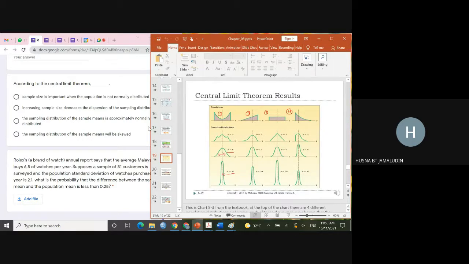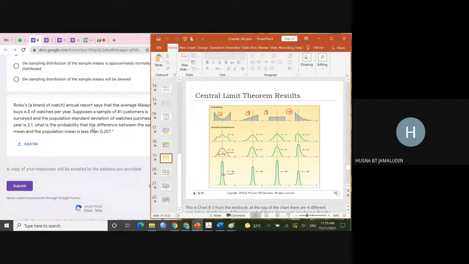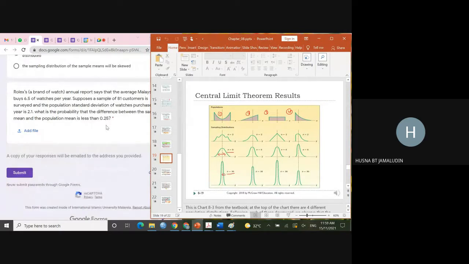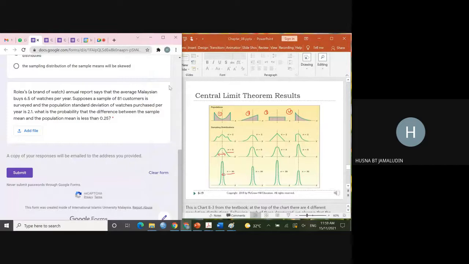Let me open. Okay, so here I put this one. This question is basically similar for both sections, so that everyone should get the same question.